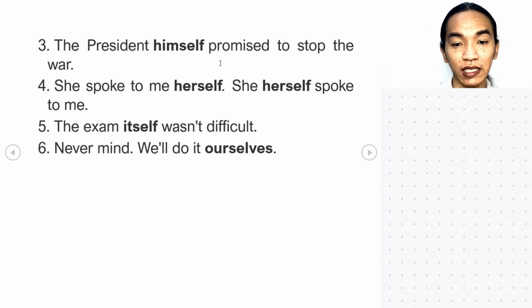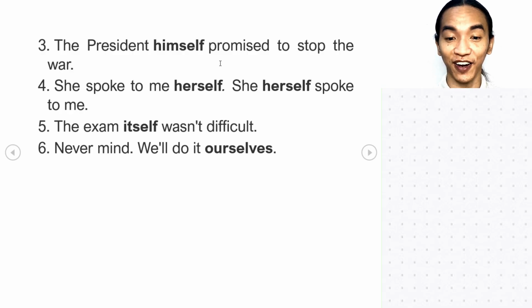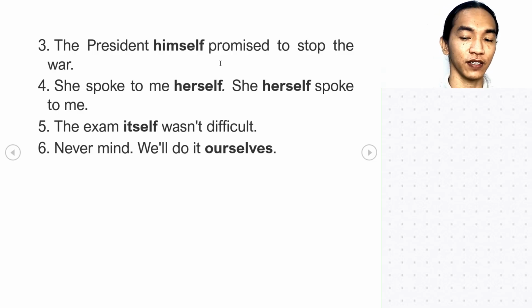No, the first one is reflexive. Number five, the exam itself wasn't this difficult. That is intensive. And lastly, never mind, we'll do it ourselves. This is reflexive. All right, that is what we have for reflexive pronouns.